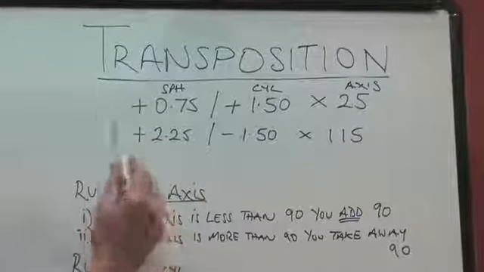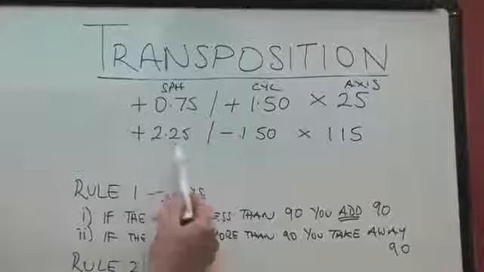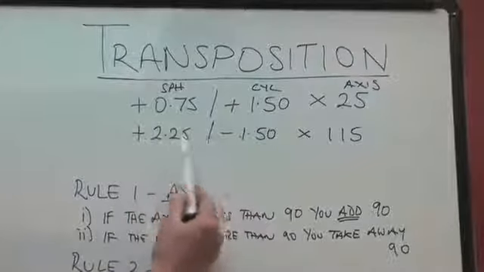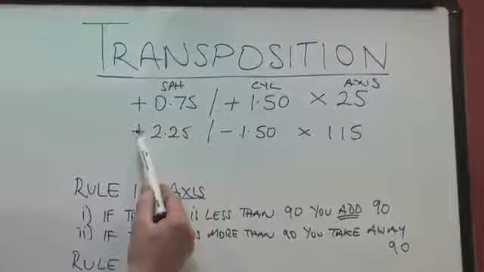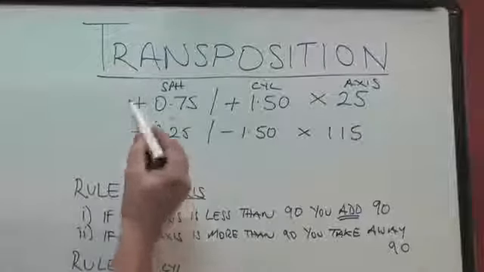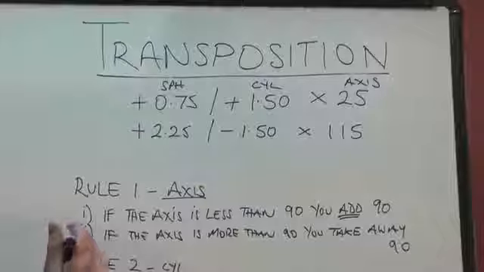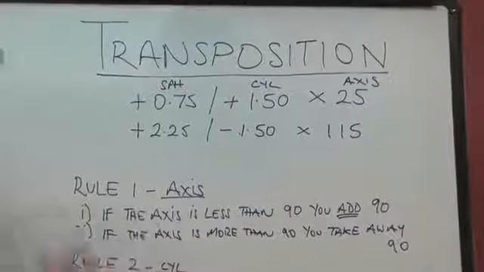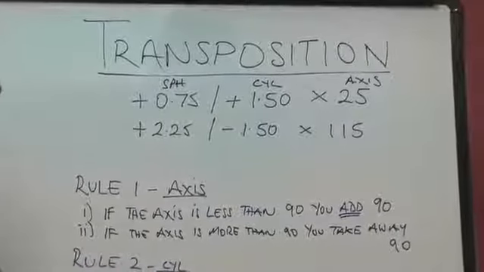The sign always corresponds to the sign of the bigger number. The bigger number between these two is 2.25, so the sign is a plus. So you end up with a plus 0.75. So those are the rules that apply in every single case when you want to do transposition.